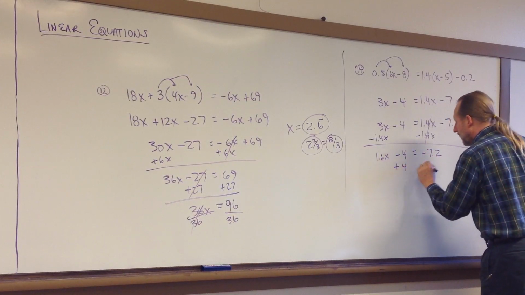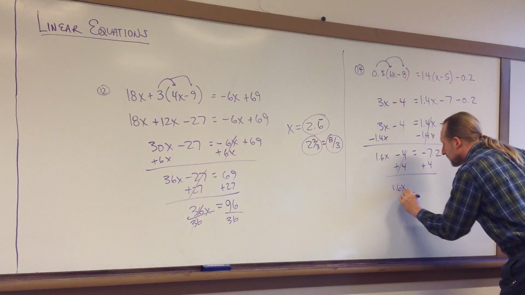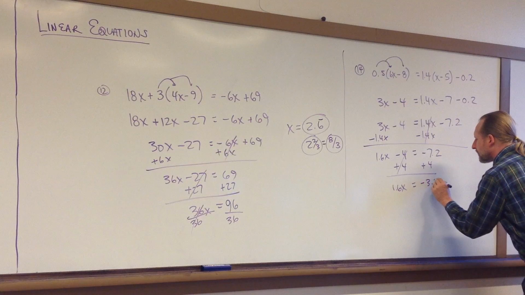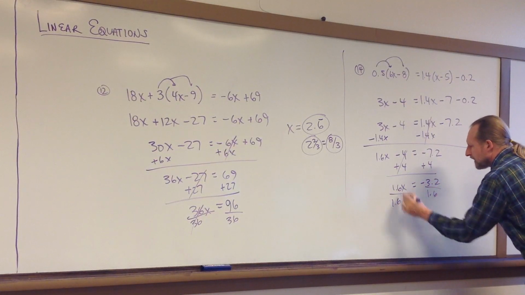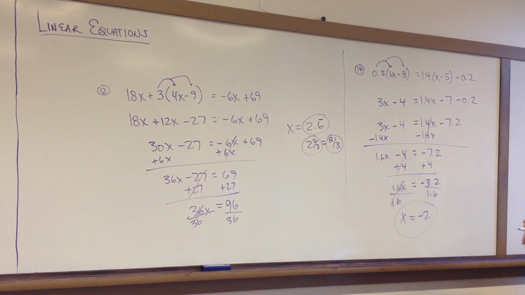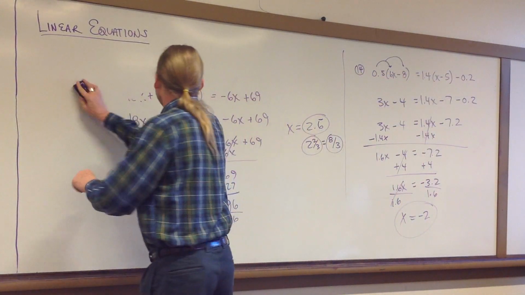And then add 4 to both sides. Let's see here, 1.6x. This looks like it's going to be negative 3.2. Divide on both sides by 1.6, and x equals negative 2. All right.